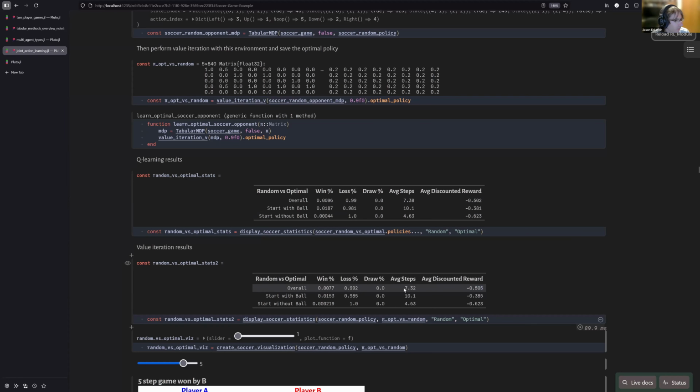And we can see that we win with an average of 7.32 steps. The win rate for the random opponent is 0.0077, so 1 minus that is the win rate for the optimal opponent.